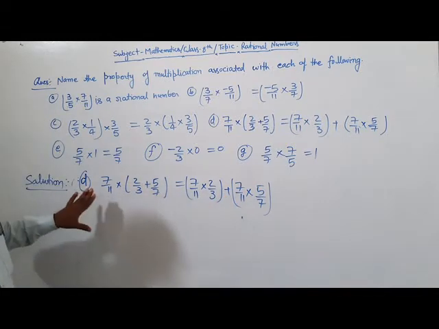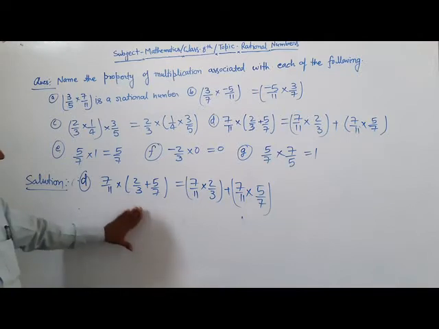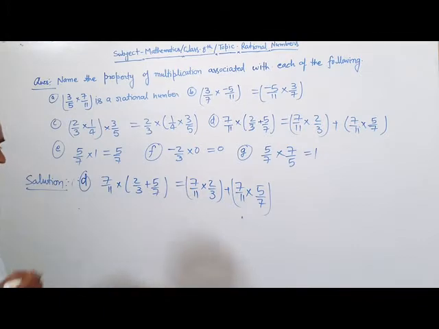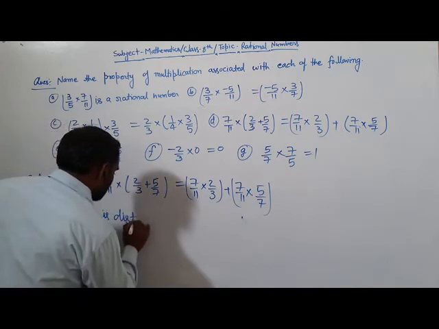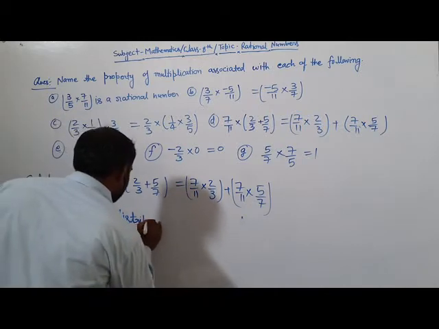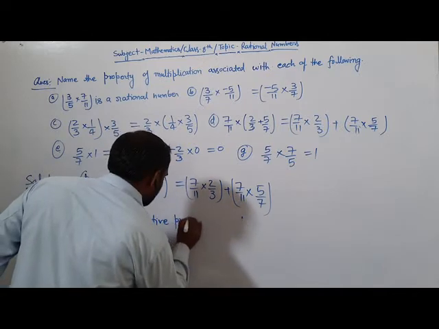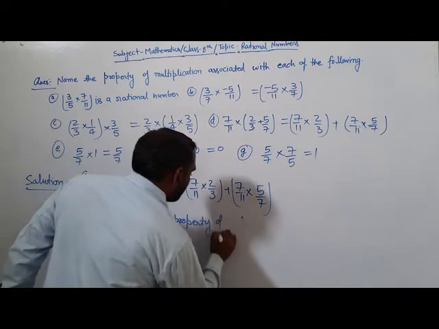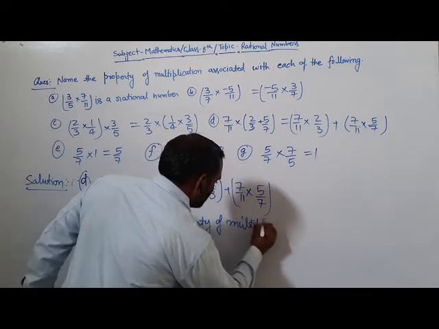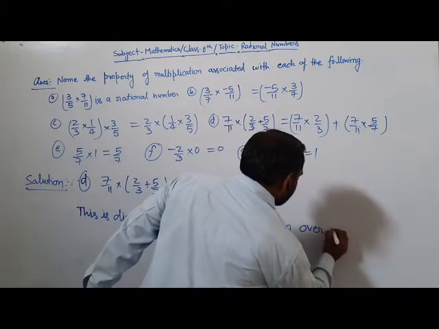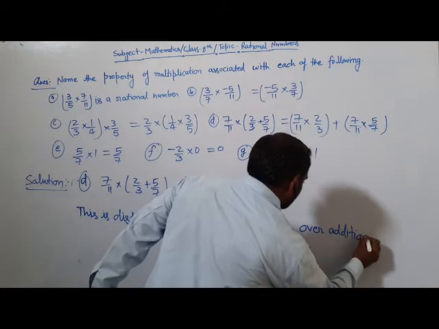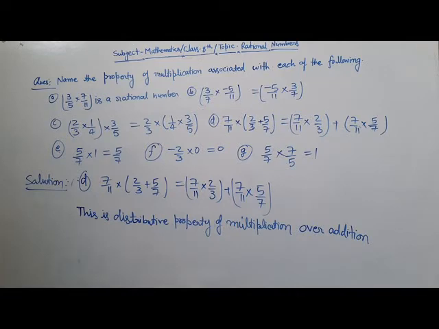This is called the distributive property of multiplication over addition. Next is E.